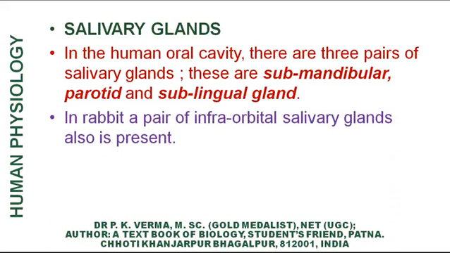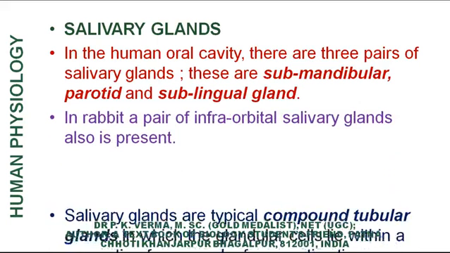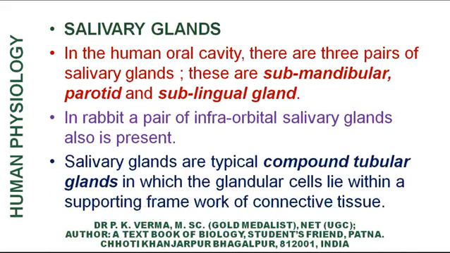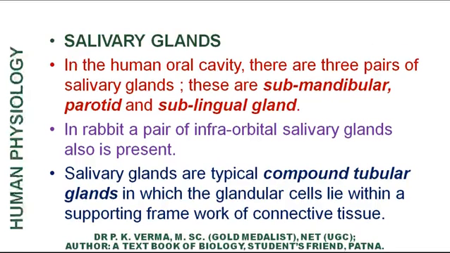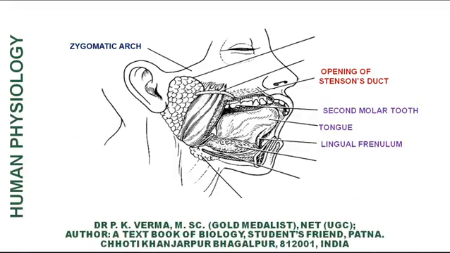In rabbit, a pair of infraorbital salivary glands is also present. The salivary glands are typical compound tubular glands in which the glandular cells lie within a supporting framework of connective tissue. In this diagram, you can see the position of the glands.